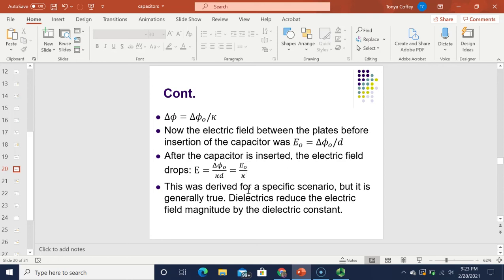So we have this result here, that if you have a dielectric inserted in between the plates, that causes a drop of the electric field by a factor of kappa. Now, this was derived for a specific scenario, but it turns out to be generally true. Dielectrics reduce the electric field magnitude by the dielectric constant.